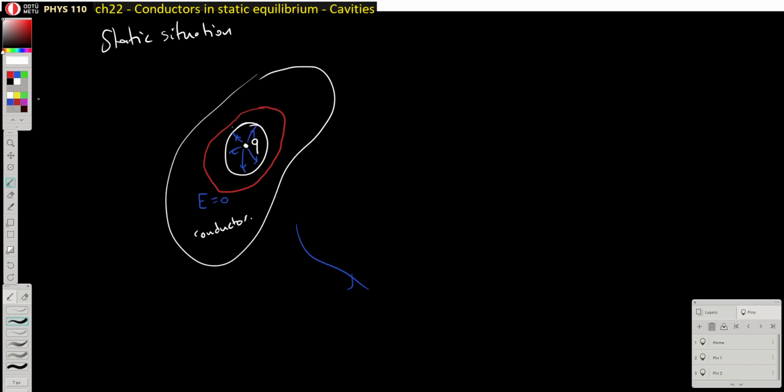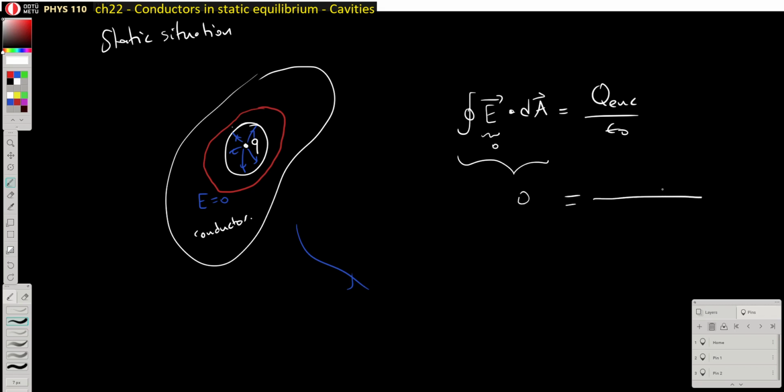If you use Gauss's law for this situation, that integral is equal to the enclosed charge. Since the electric field is zero at all points on the surface, the flux integral is zero. What's the enclosed charge? It is the charge inside the cavity, plus the charge collected on the cavity surface.